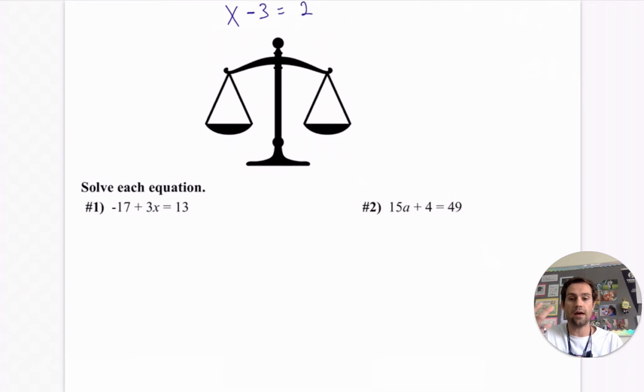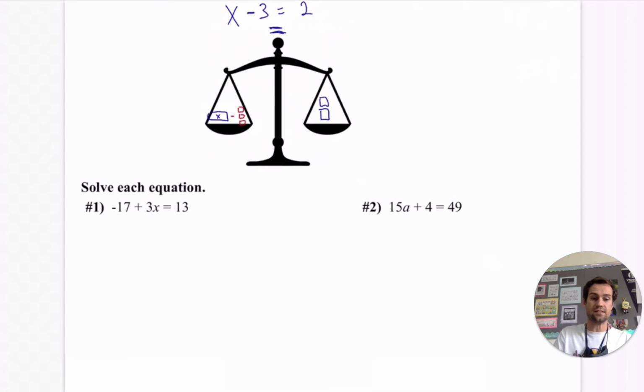So you think about an equation on a scale, where we have to balance both sides out. If we have the equation x minus 3 equals 2, we can represent this on a scale where we have x and minus 3, so I'll make these red, is equal to 2, the balancing side.